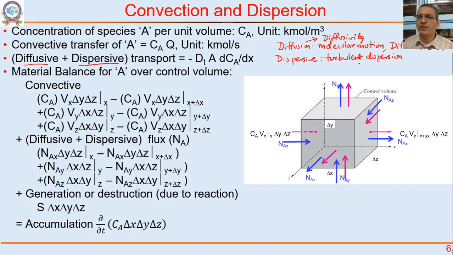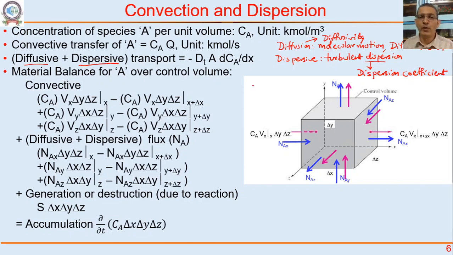This dispersive transport, because of turbulence, we are going to call the dispersion coefficient. We could have also called it dispersivity, but that's not the word that is used. We use the word dispersion coefficient.